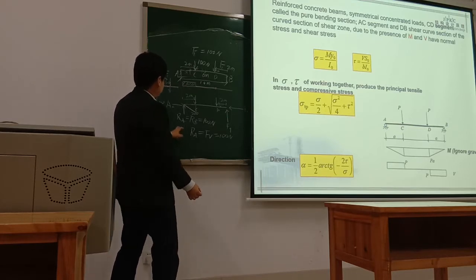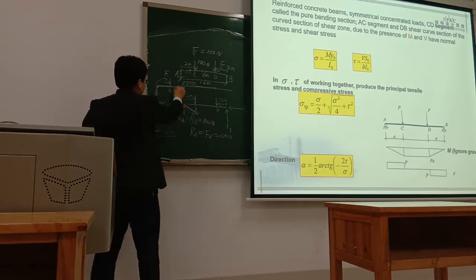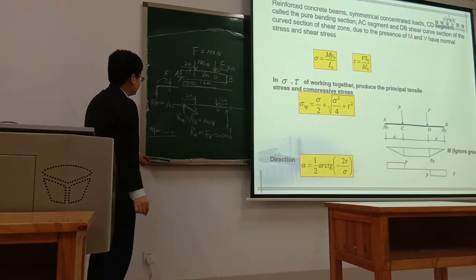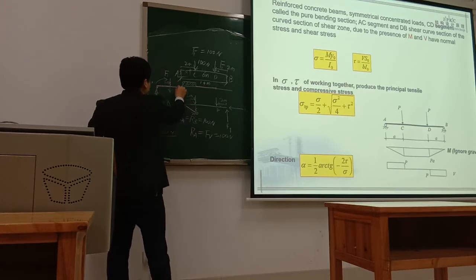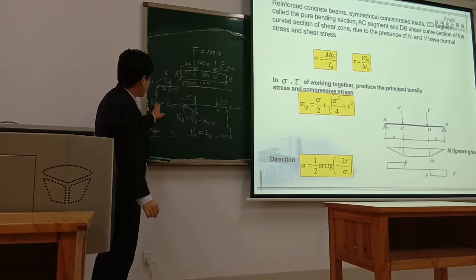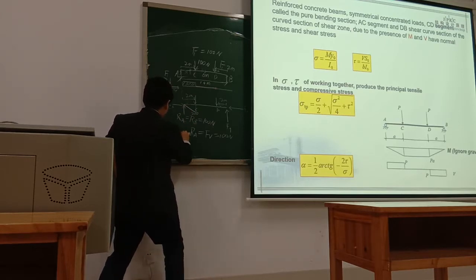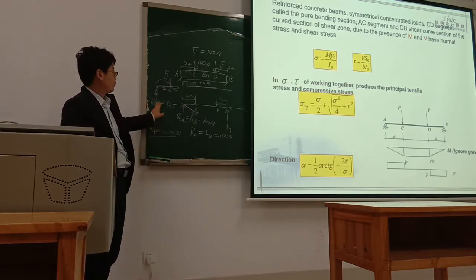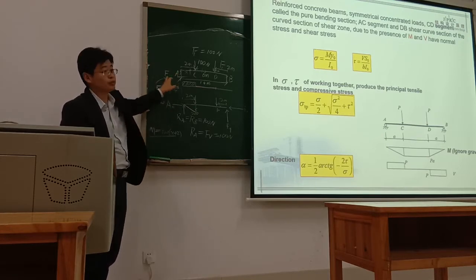Now the moment. At any position in the CD section, suppose the point is at x from C. The moment generated by the reaction force is 100 times (x plus 2), because AC is 2 meters.